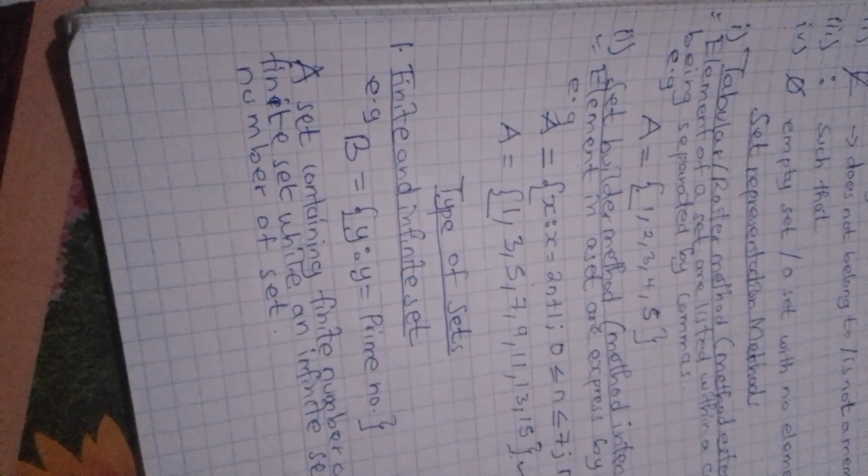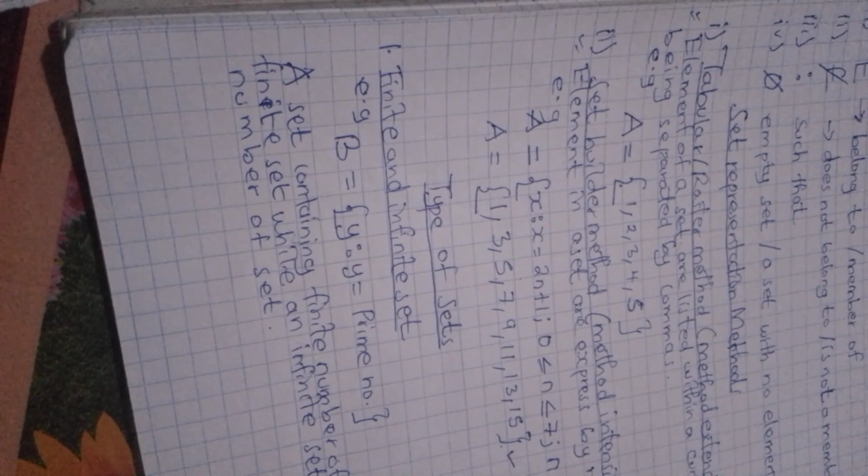The second type of set is a singleton set. A singleton set means this set contains exactly one element. It's a set that contains one element. Let me write the definition here so that other people who do not understand well can see.